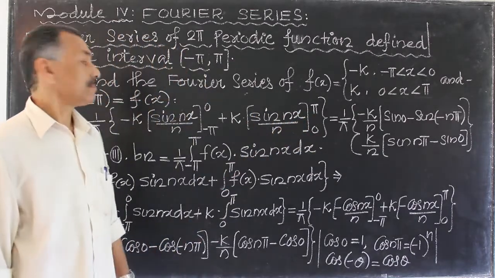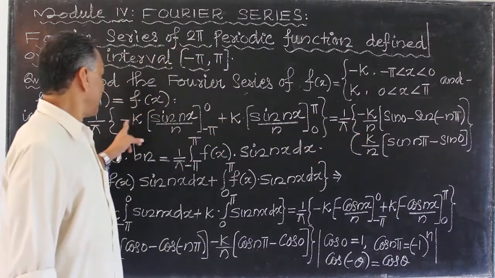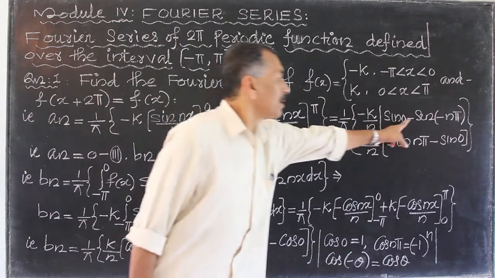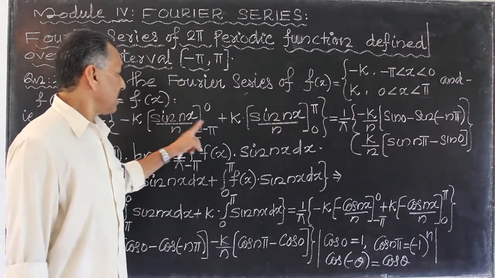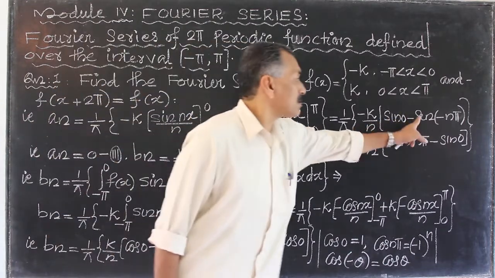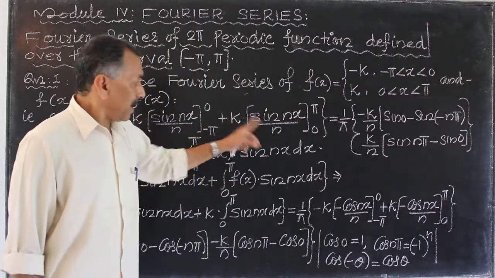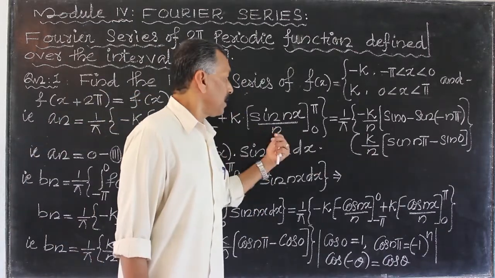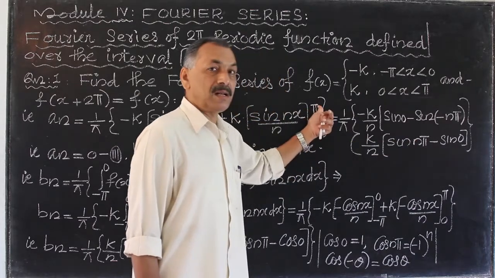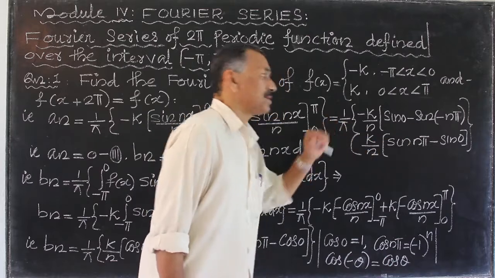Then that is 1 by pi into minus k by n, apply upper limit x is 0, sin 0, minus lower limit x is minus pi, sin of minus n pi, plus this term k by n into apply upper limit sin n pi, minus sin 0.